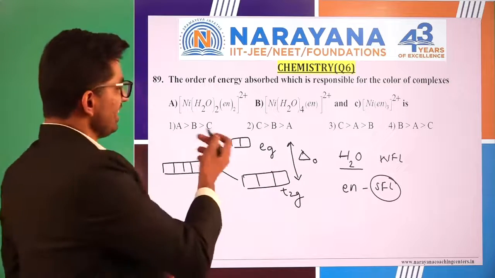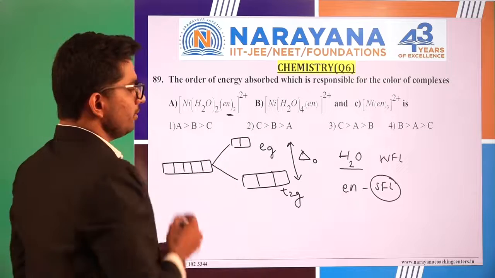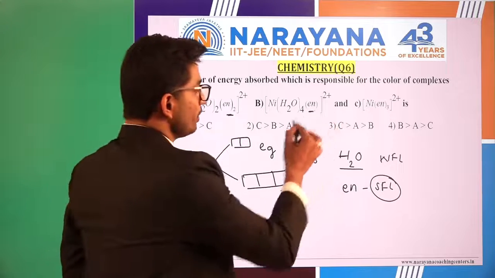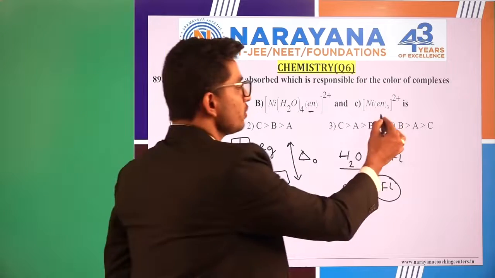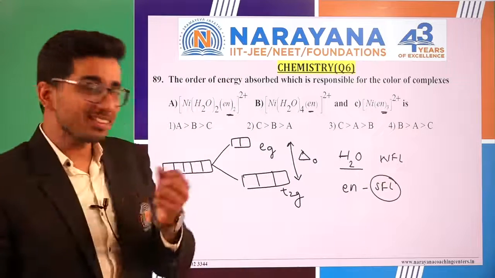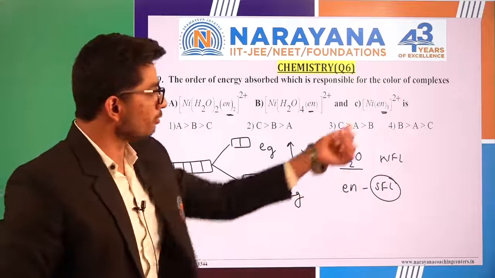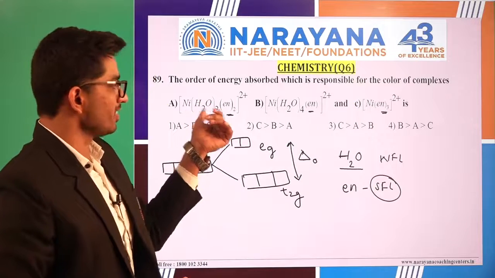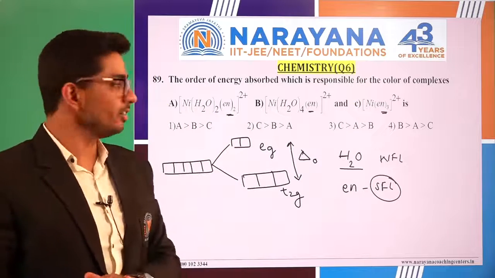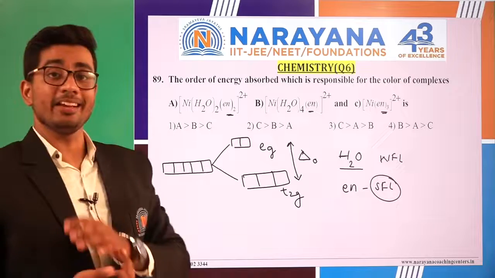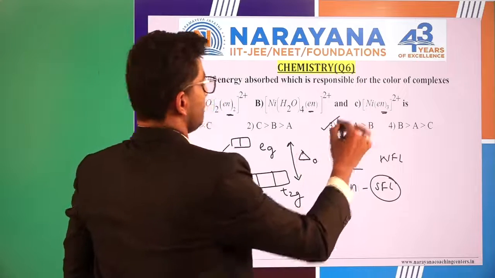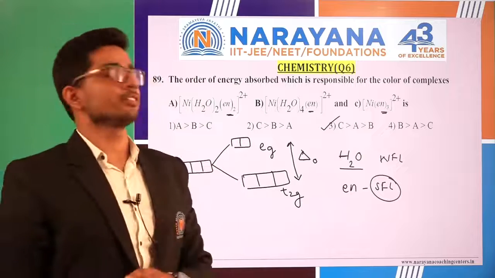So here we can see we have two strong field ligands. Here we have one strong field ligand, and here we have three strong field ligands. So I guess the maximum energy that will be absorbed will be in case 3, then it will be first, and then it will be second. So the answer will be C, then A, then B. So C, A, B, it is option number 3. So this will be the correct answer.